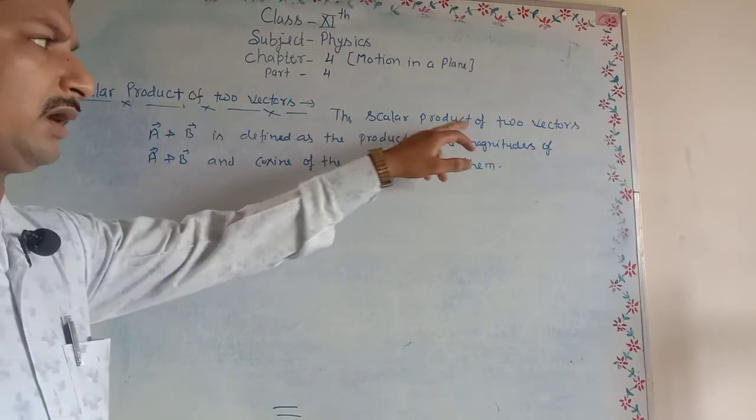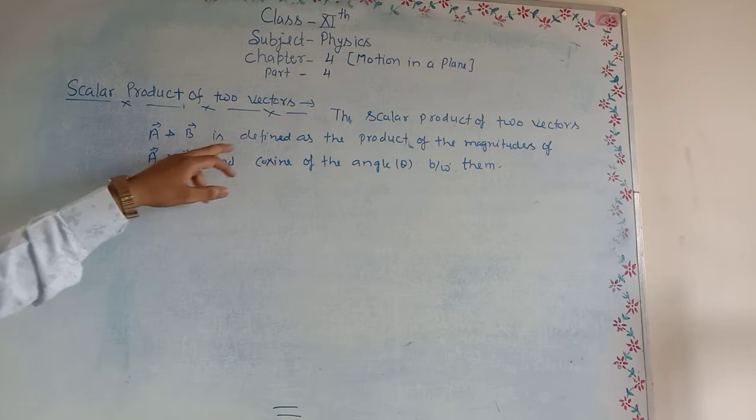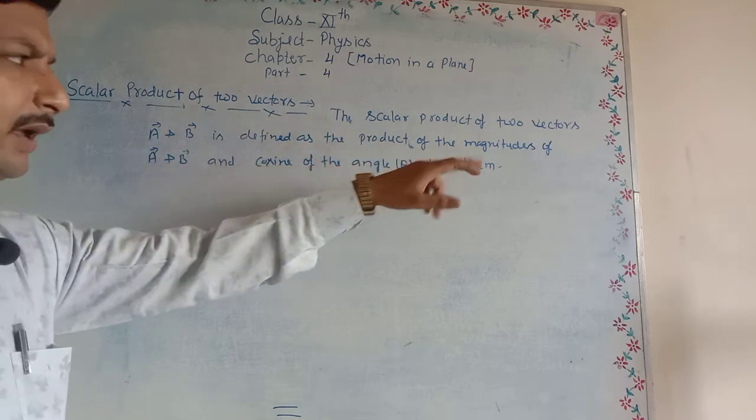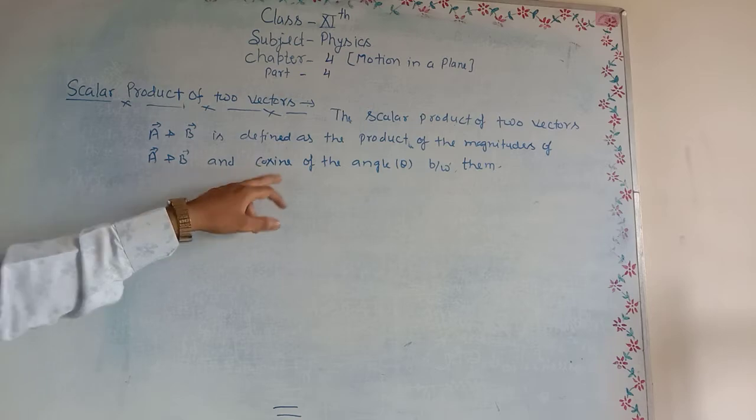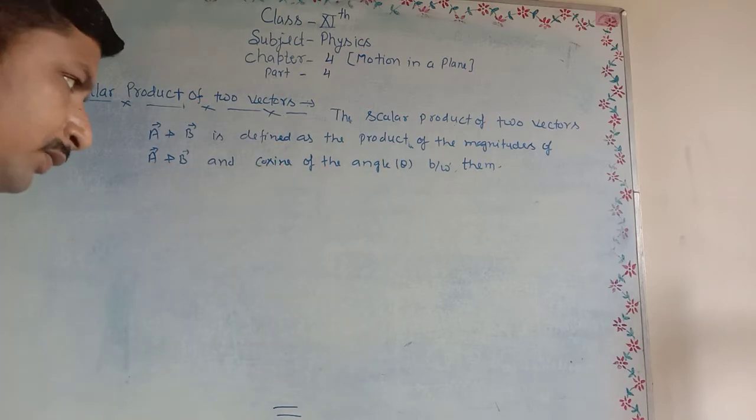The scalar product of two vectors A and B is defined as the product of the magnitudes of A and B and the cosine of the angle between them.